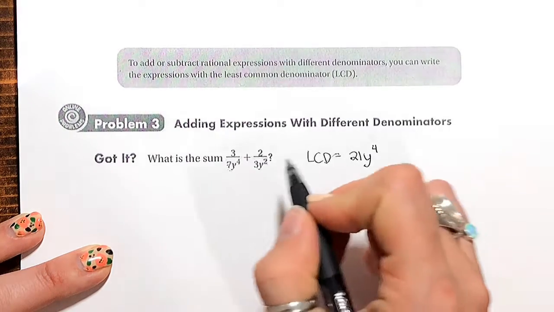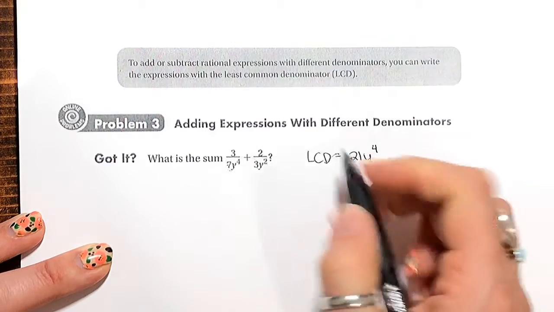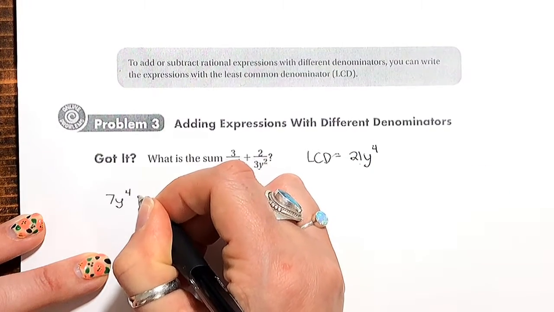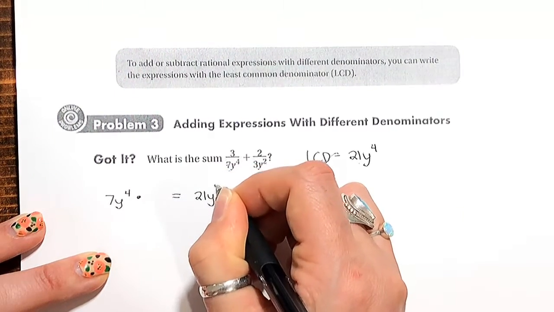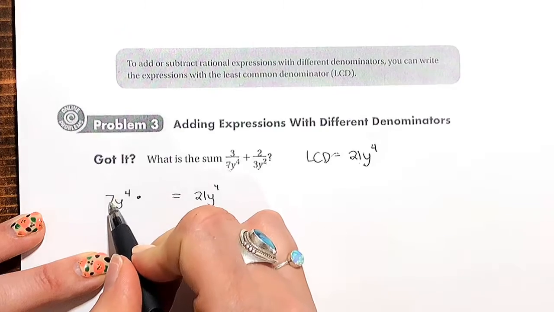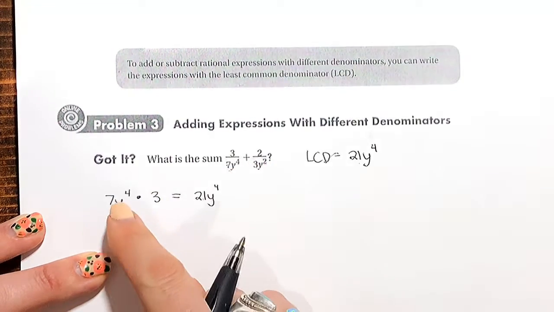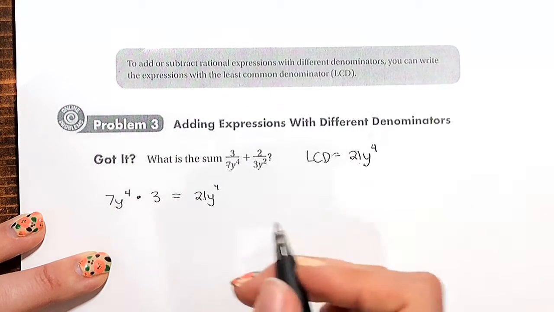So our process now is we're going to try and turn each fraction into this LCD. So for 7y to the 4th, I need to think, what do I need to times it by in order to get 21y to the 4th? Well, to get 7 to turn into 21, I need to times it by 3, and then y to the 4th is already y to the 4th, so I don't need to times it by any more y's.